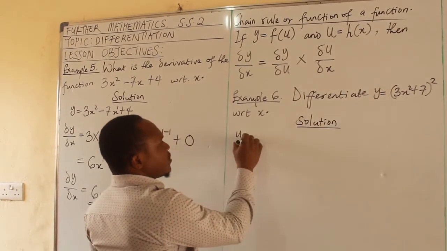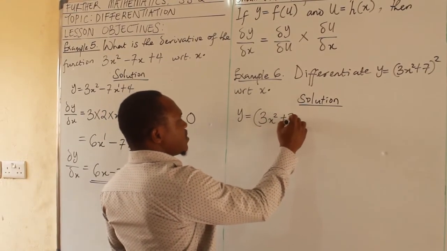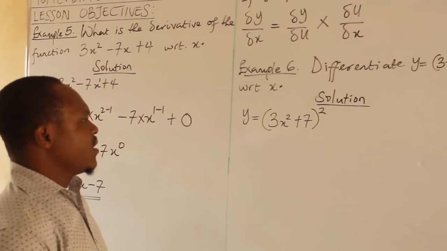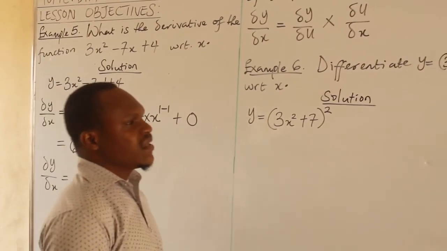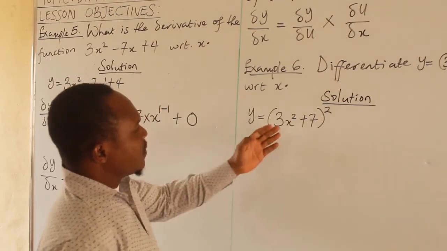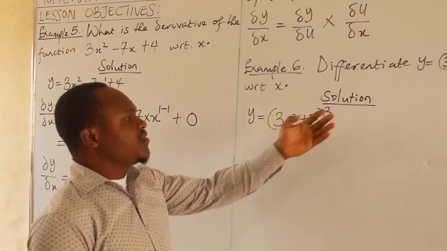So y is equal to (3x squared plus 7) all raised to power 2. Now we can make an arrangement and say, if you observe, 3x squared plus 7 is a function, all raised to the power of 2 is another function.